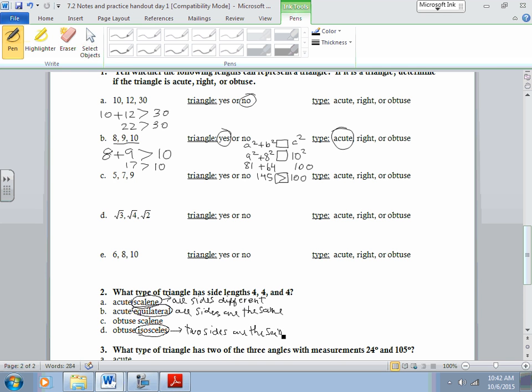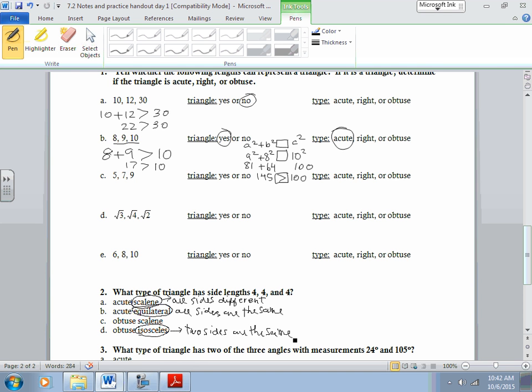Some of these words are becoming familiar to you guys now. They're not strange words, not a different language. But it is a language called mathematics, and you're learning how to speak it. So now, do you understand how to label something as an acute, obtuse, or right triangle?